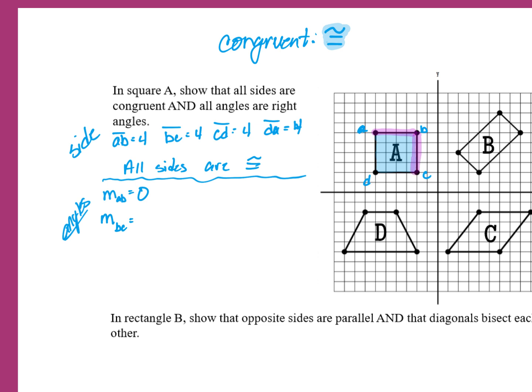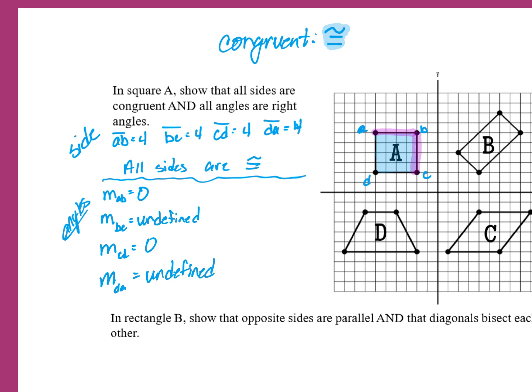What type of line is that? Undefined. That's beautiful because it's a vertical line and vertical lines are undefined. Gorgeous. What's the slope of my line, little line CD? 0. Beautiful. And what's the slope of DA? Undefined.